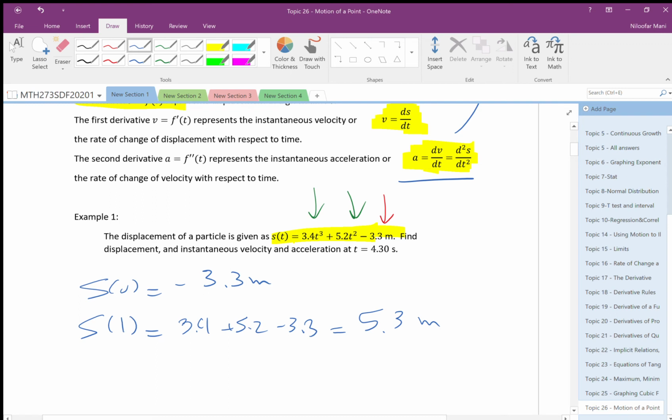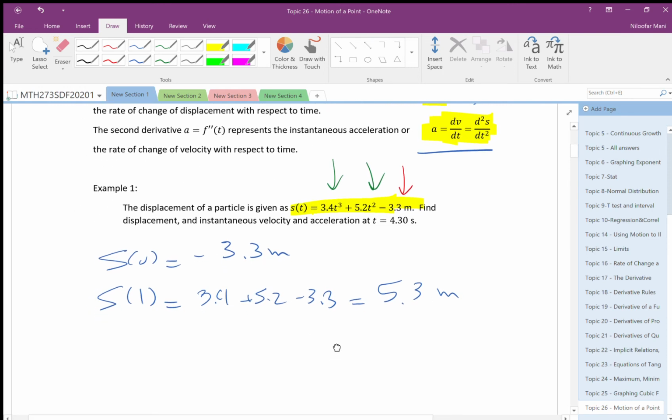So you can find the displacement, just where and how many meters the motion is happening. Okay, after several seconds, I tell you, find the displacement at this point. If the displacement at this point is s of 4.3, it means you have to substitute t equal to 4.3 in there.